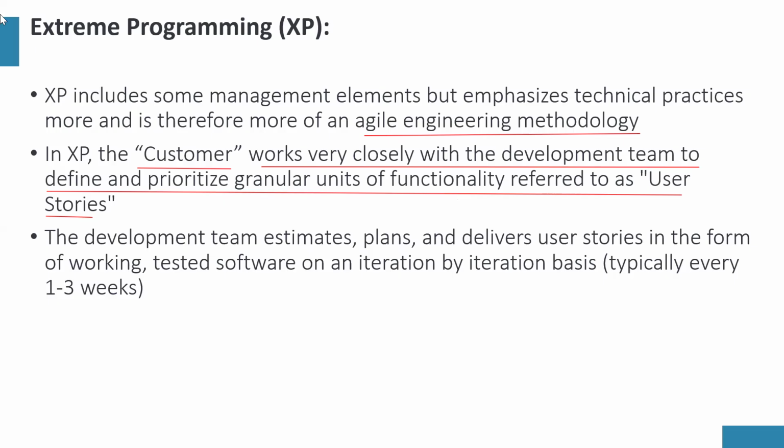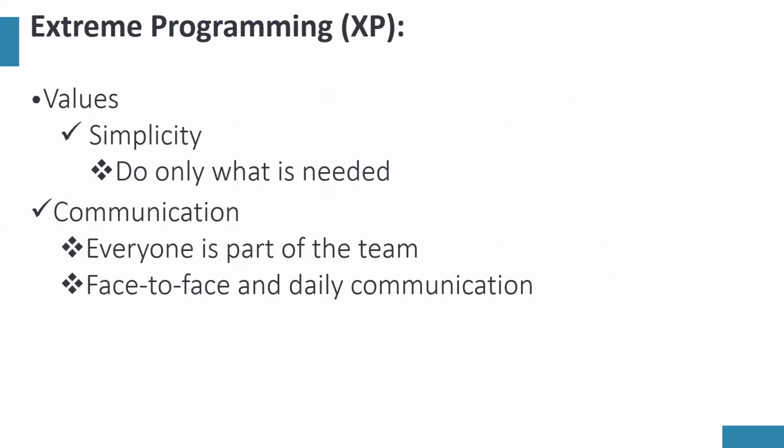Now, XP has some values which are common to a lot of agile practices. And the first value we're going to talk about is simplicity. One of the values of XP and agile in general is that simplicity is the art of maximizing the amount of work not done. It's a principle. It's one of the 12 principles.